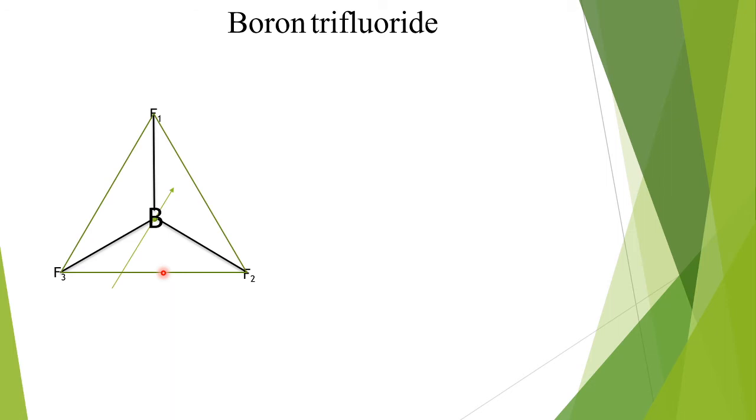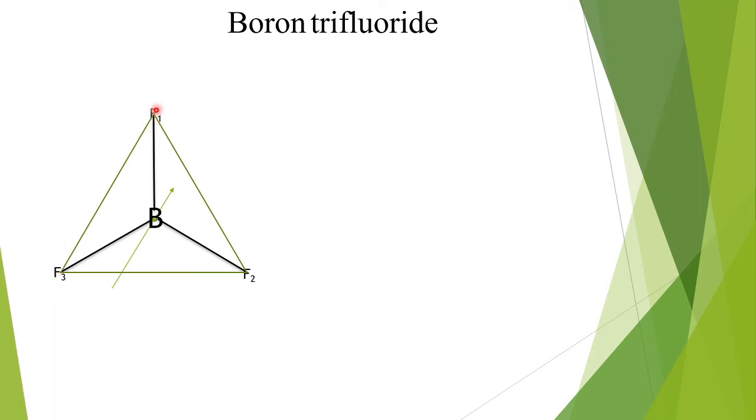And how many similar appearances will we get when we rotate this molecule through this axis about 360 degree? While rotating the molecule through 360 degree, first you have F1 here, and on the rotation of 120 degree, the F1 will come to the position of F2 and F2 will come to the position of F3.